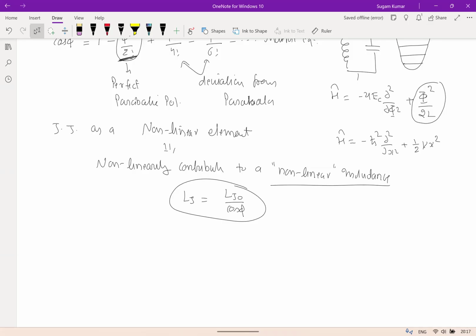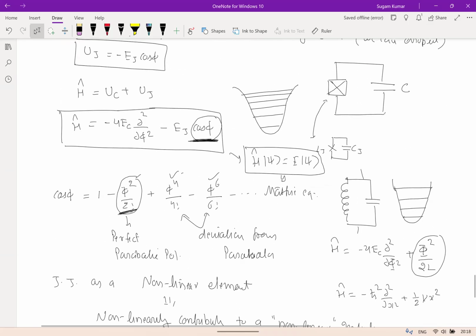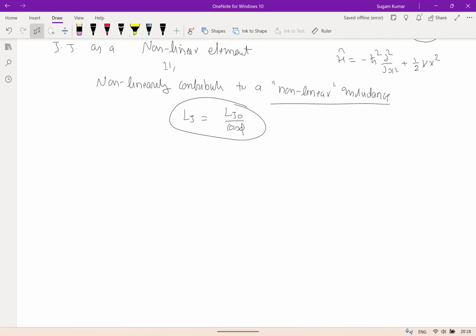I tried my best to finish it, but it is not possible to do it today. So I think up till here is done. This is the basic mechanism in all types of superconducting qubits, whether you talk about a charge qubit, transmon qubits, a flux qubit, phase qubits, or any superconducting qubits.